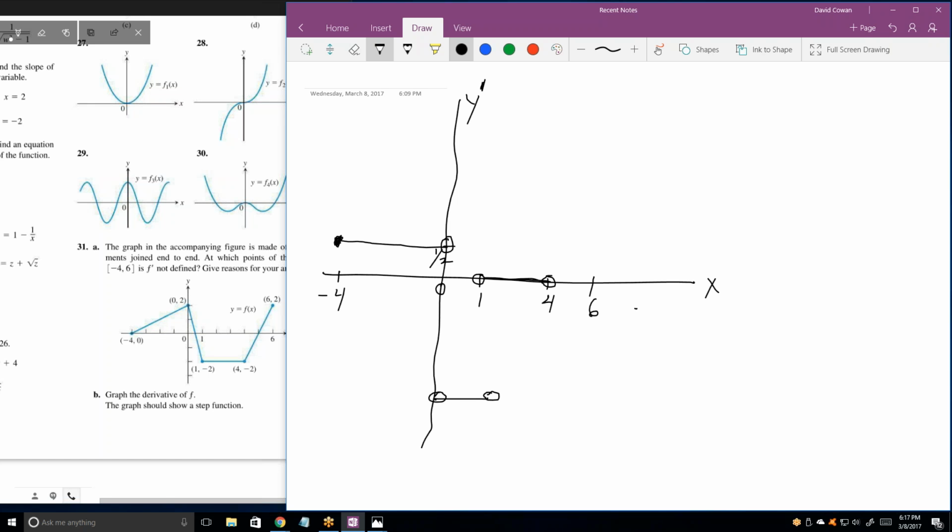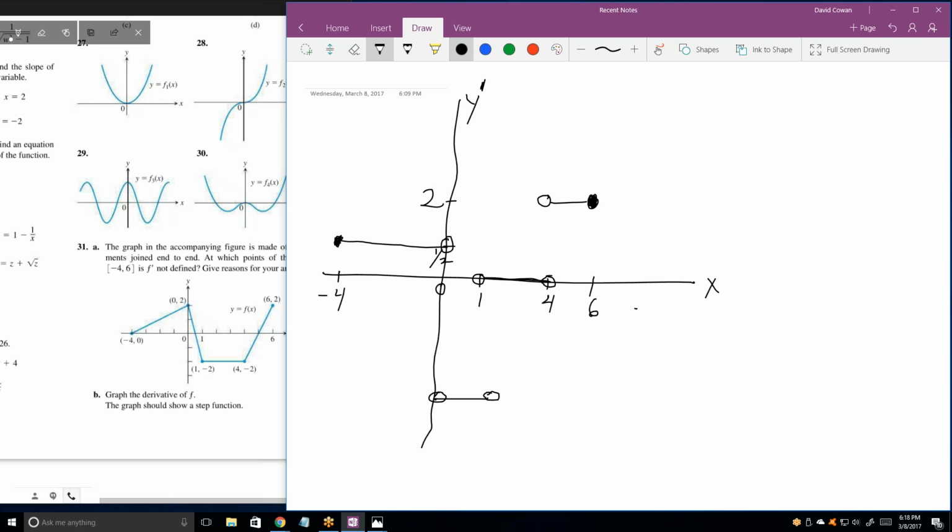When you have a problem like this, it's really easy to look at the graph and figure out that the rise there is 4, the run is 2, and I'm looking at a positive slope, so I know it's plus 2. And it's open there and closed there because it is defined at x equals 6.